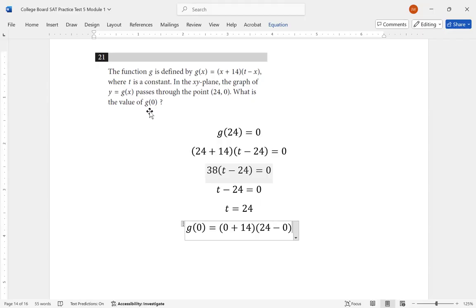When that's all said and done, it's going to be 14 times 24, which is 336. So the answer to question 21 is 336. That's what you get out when you plug in a 0 into g. Again, we had to find the value of t first and then plug in 0.